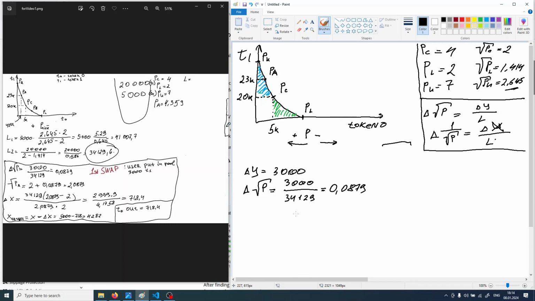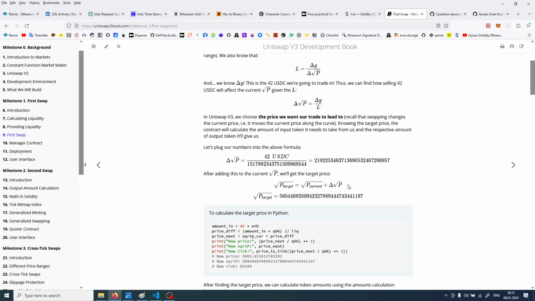Okay, that will be the delta square root price. Next we must retrieve square root p. How can we do this? Delta square root p is p current minus p target.